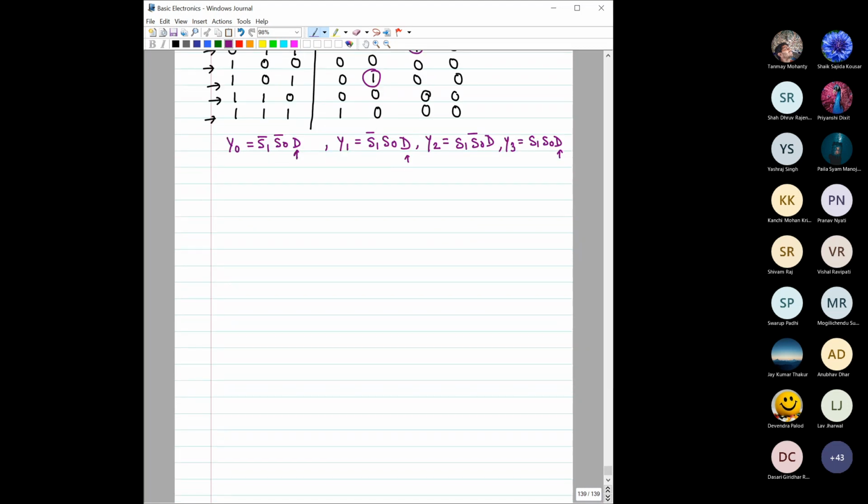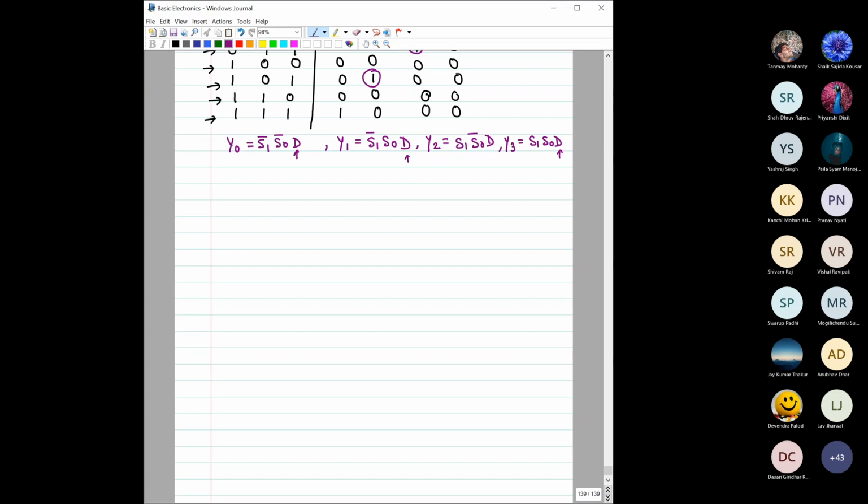Okay. Now, can you make this circuit? Sir, D is common in all the gates. D is common in all the gates, okay.